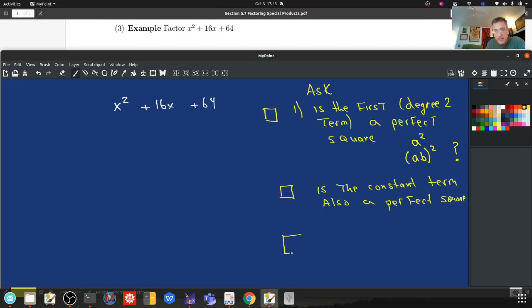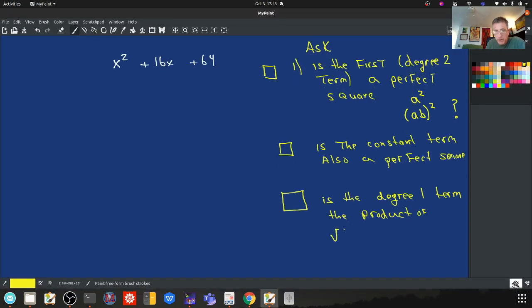And then, is the middle term, which is our degree 1 term in this case, the product of the square root of the first degree 2 term times the square root of the constant term times 2?